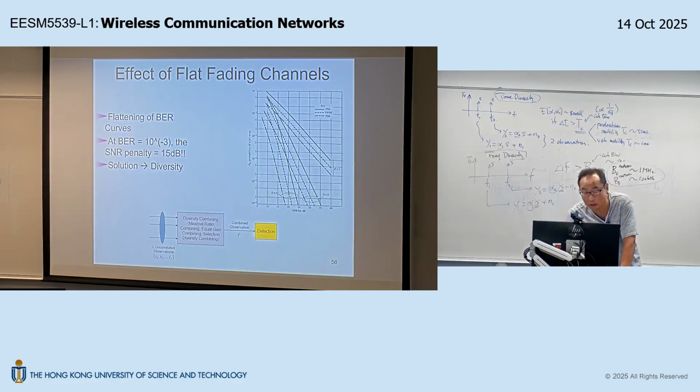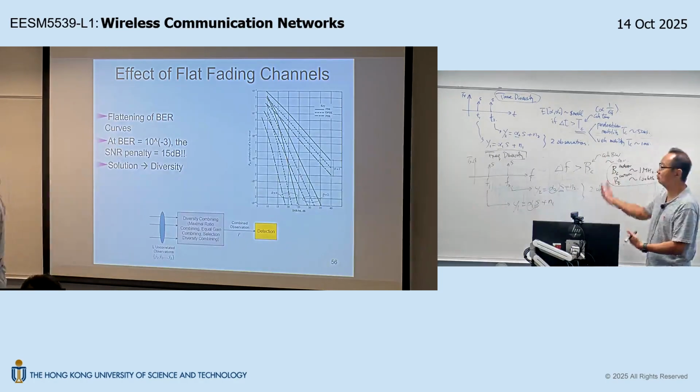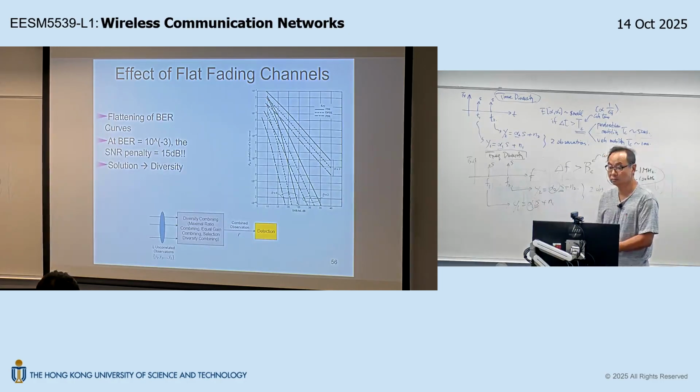The slope only depends on the diversity order. That means it only depends on the number of diversity observations available. Okay? If you have 2 diversity observations, you have double the slope. If you have 4 diversity observations, the slope is increased by 4 times, like this. Okay? It doesn't matter whether these diversity observations are coming from time or frequency, or combinations.